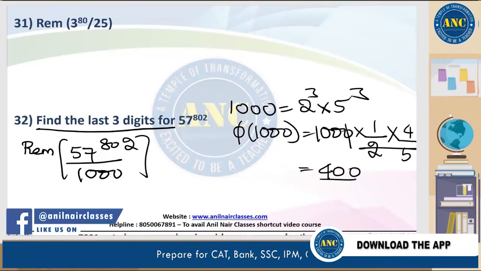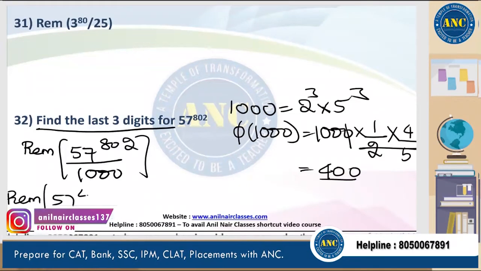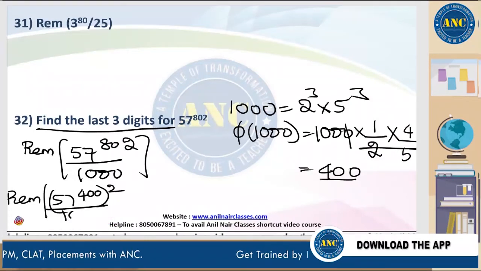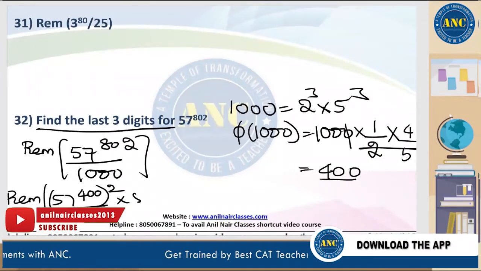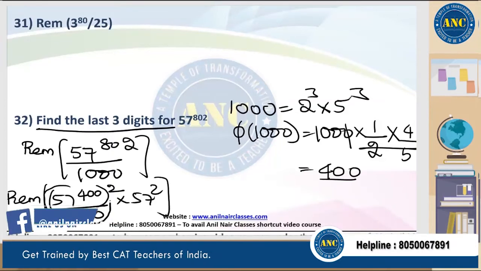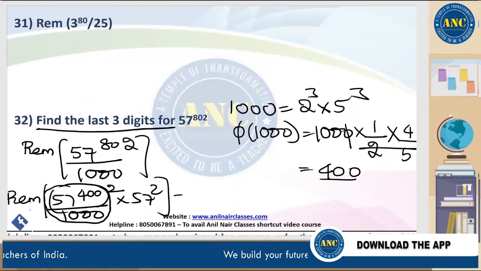Quotient function value is 400. So this is nothing but 57 power 400 power 2 divided by 1000 into 57 square. This is nothing but 1 according to Euler's quotient function.